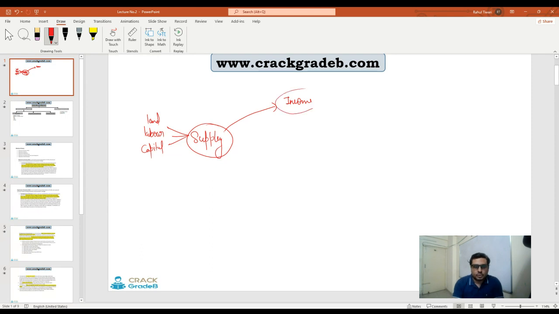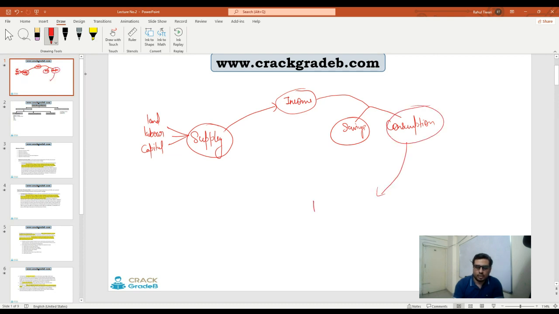So this income can be used for consumption and savings. This consumption will increase the demand and price, and this further boosts supply.